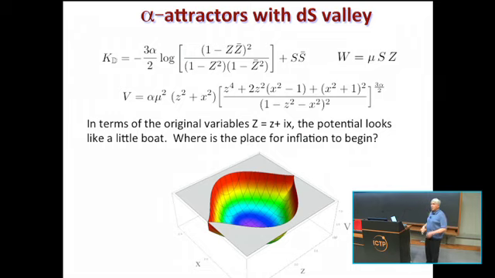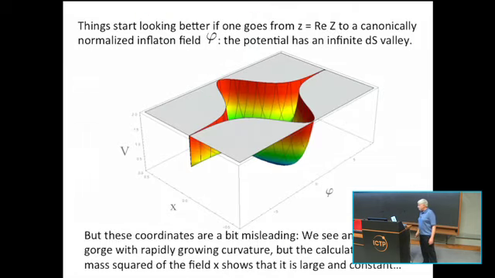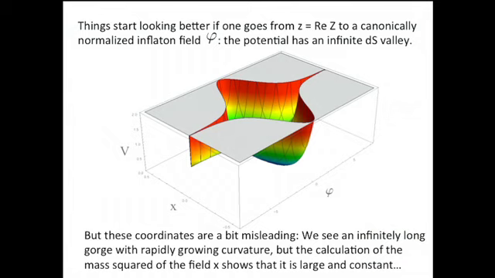So I can go to canonical variable with respect to the real part of the field Z, and what I have first is this boat with a very, very infinitely long valley here, but this valley looks like a gorge with increasingly sharp boundaries, and you think, oh, how can I even fit in this direction. But then you calculate the invariant mass in this direction, and you feel that something is strange, because the invariant mass squared, calculated taking into account all non-minimalities of kinetic terms, shows that the curvature here and here is actually going to be constant.